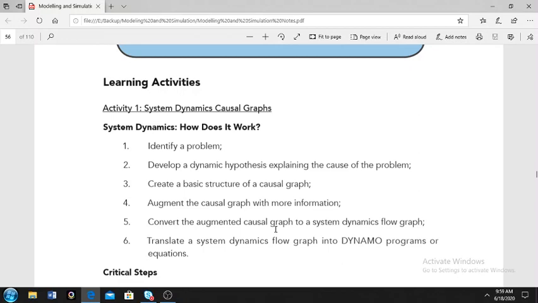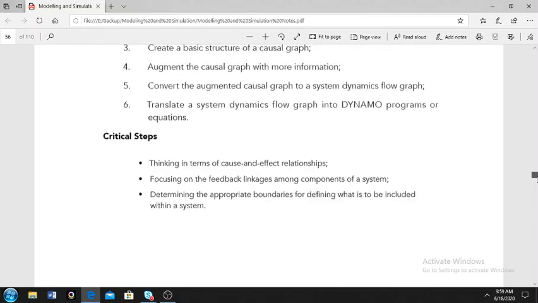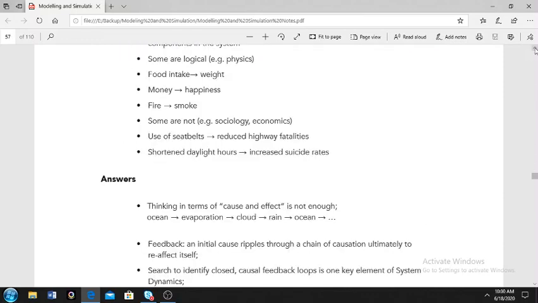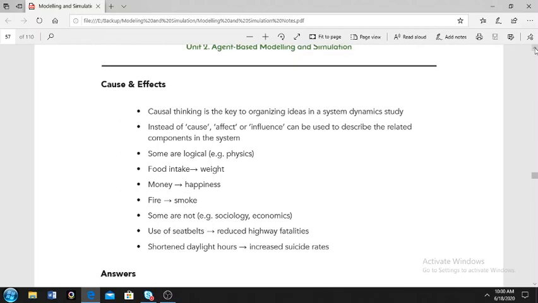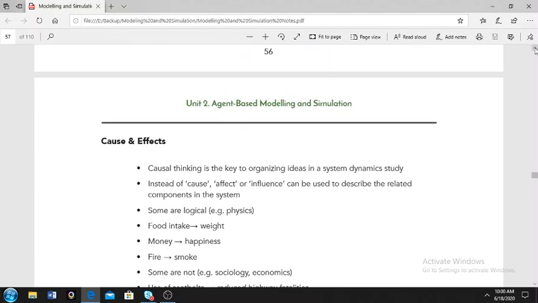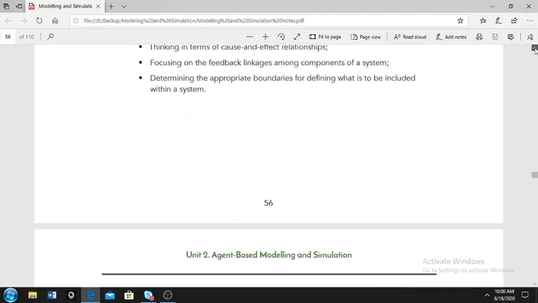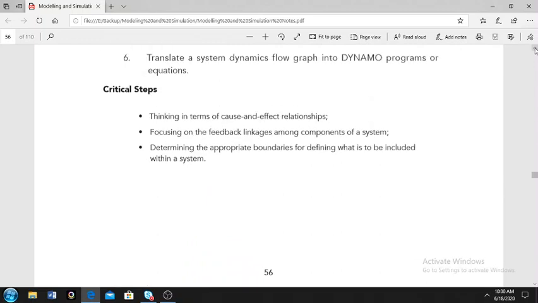After designing the causal graph and translating it into the stock and flow diagram, or the stock and flow graph, we will be able to use AnyLogic to model and simulate. So these are the critical steps involved.